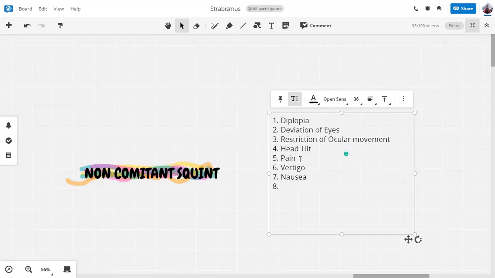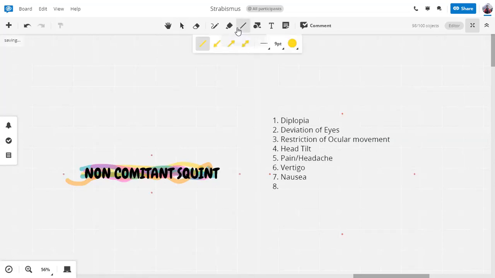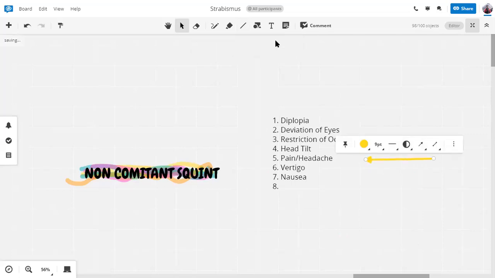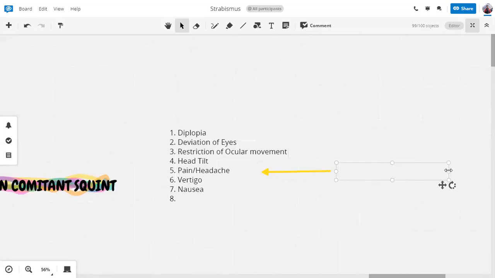Now, if I write headache along with pain, what do symptoms number 5, 6, and 7 point towards? If there is a person with symptoms 5, 6, and 7 only, what will you think? What should come into your mind immediately?